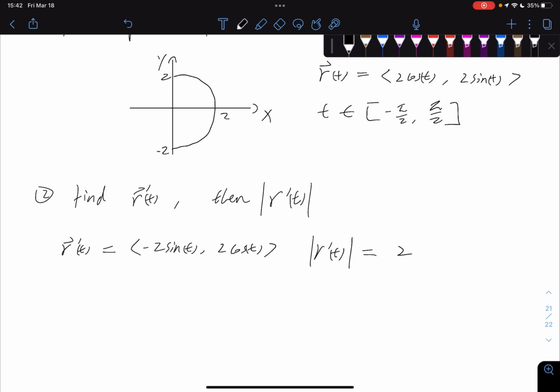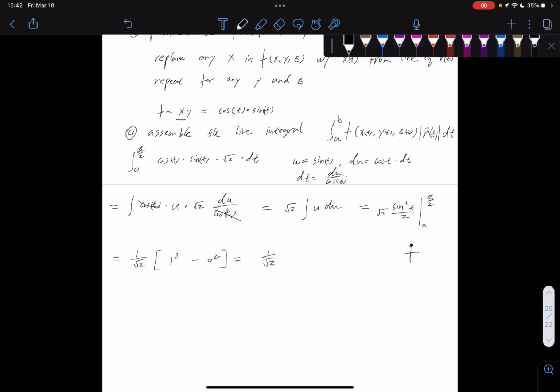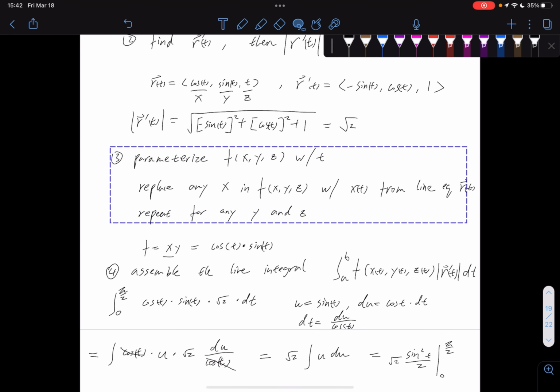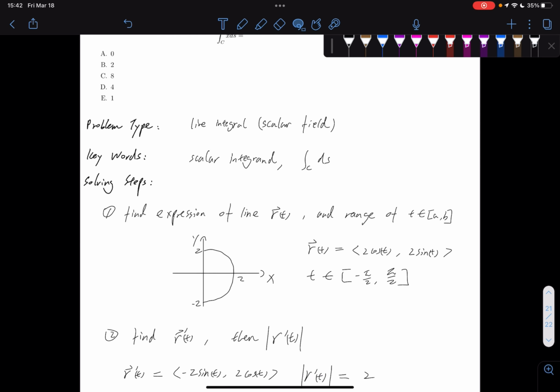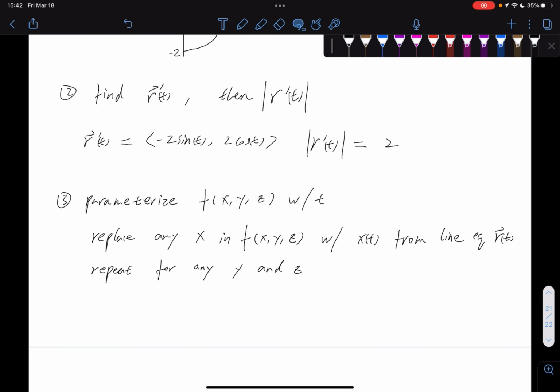All right. Then the third step is to parameterize the curve with respect to t, same as the solving steps we discussed with question number 10. We are going to parameterize f by t: replace any x in the function with x of t from the line equation r of t, and repeat this for any y and z as well.